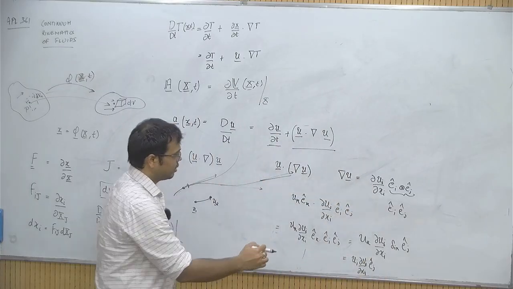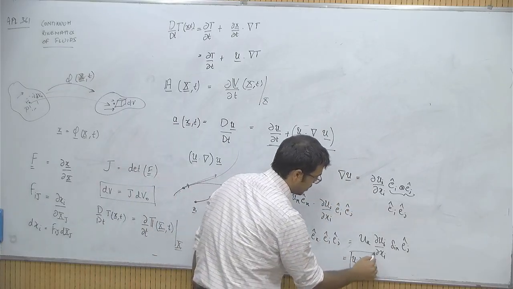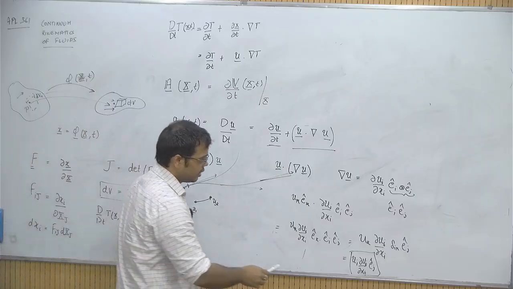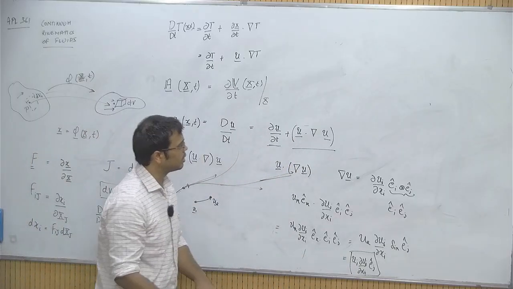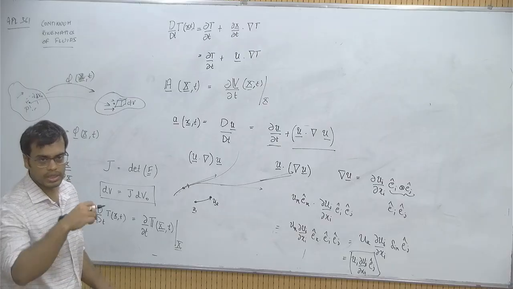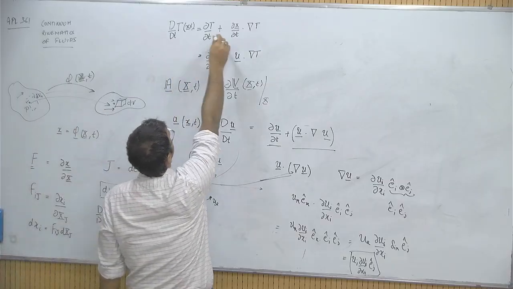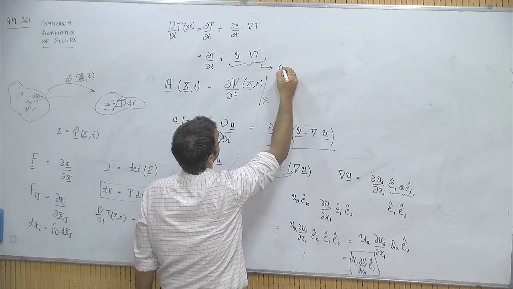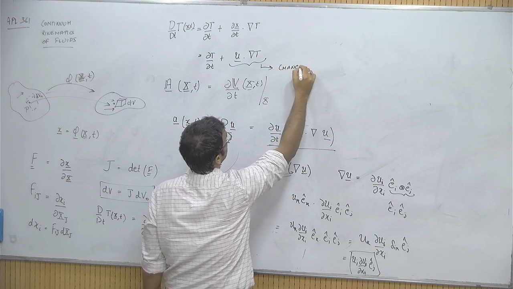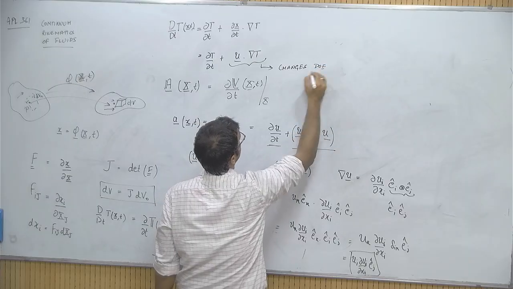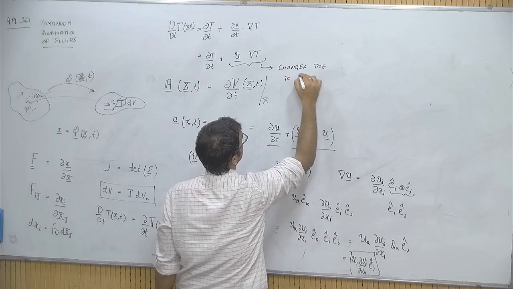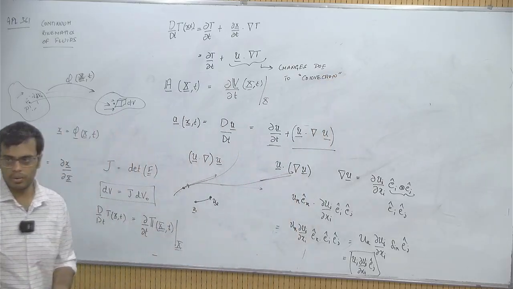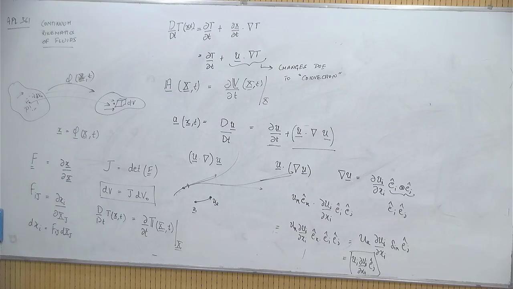So, this term from the simplification, you can also see, is a vector, and usually this is called the convection of velocity. Any term that we get in the material derivative, this term is basically telling you the changes due to convection. Now, convection here does not mean the regular convection that you might have studied in heat transfer courses. Convection basically means the fluid is being transported.